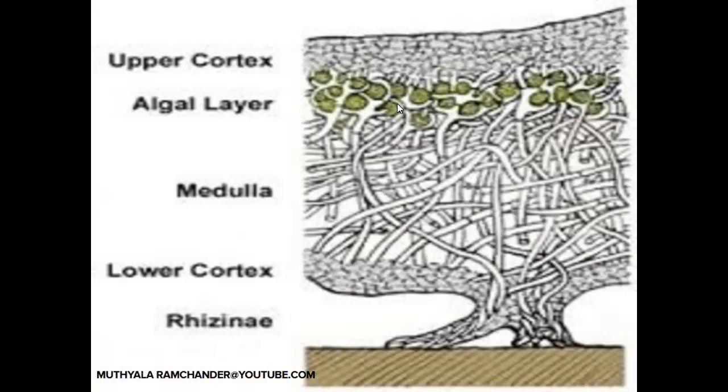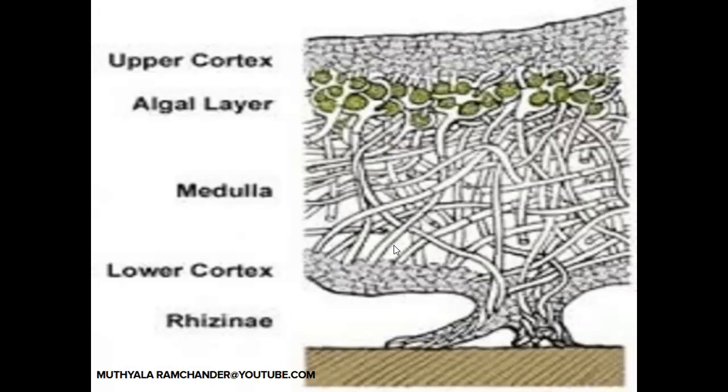In these lichens, the fungi mainly help in fixing the thallus on the surface and in the absorption of minerals and water from the soil. But these fungi cannot prepare food material. The needed food is collected from the algal zone, like cyanobacteria, Cyanophyceae, or blue-green algae. At the same time, blue-green algae cannot absorb minerals and water from the soil. Those are supplied by the fungi, while the fungi need food material from the algae.